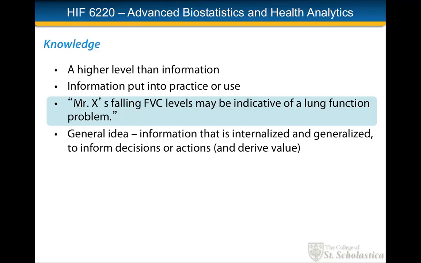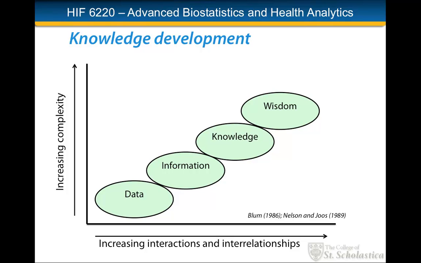So that information is knowledge which is informing our approach to medicine. Data, information, knowledge, and wisdom are hierarchical then, with one building upon the other, as the interactions and interrelationships increase, as the complexity of the information and data we're looking to solve increases.